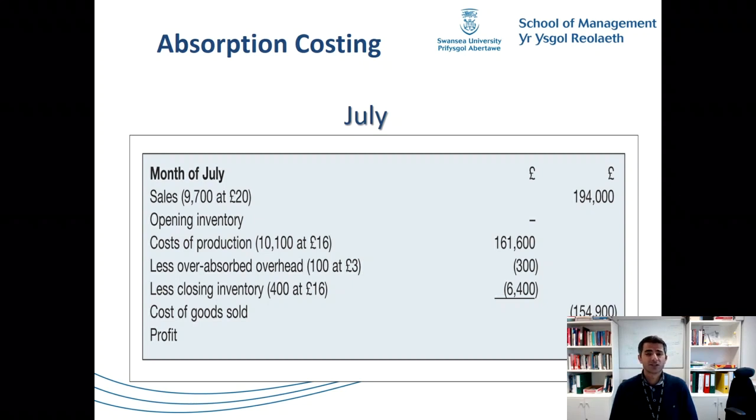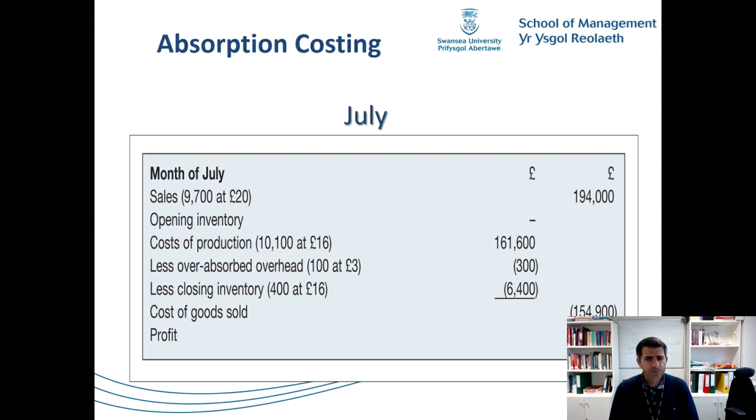Based on 10,000 units production. But now we produce more, so we produced extra 100. Is it justifiable that the cost of production will be more because we produced more? Of course not justifiable.